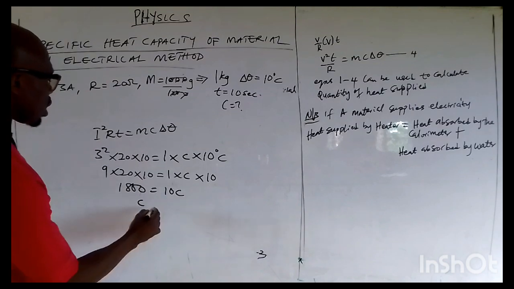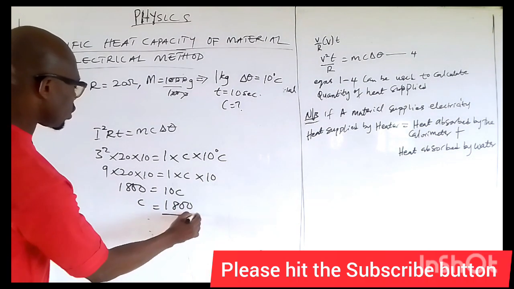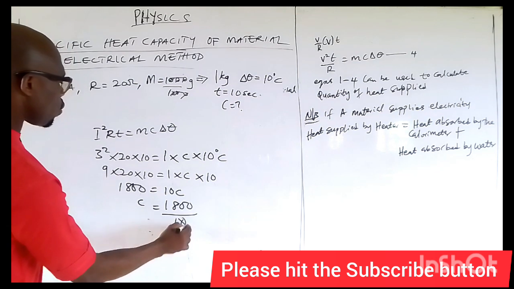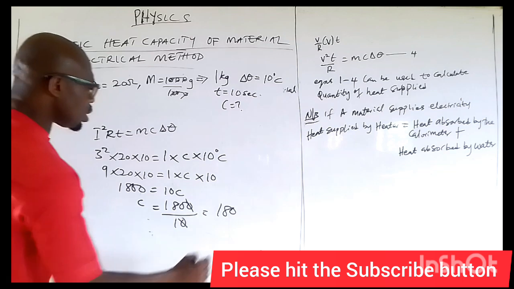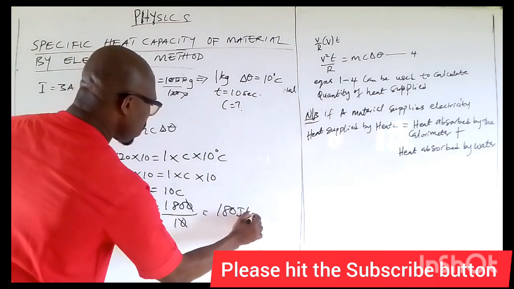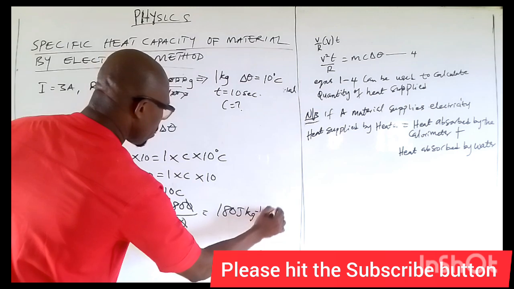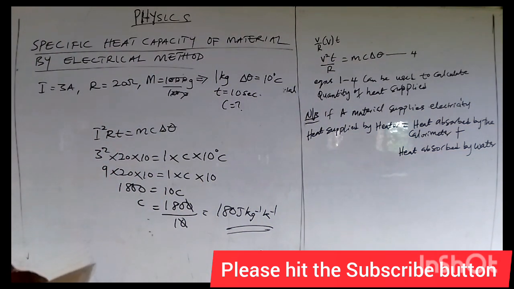Making C the subject, C will give us 1,800 all over 10, which will give us 180 joules per kg per Kelvin. So that is our answer.